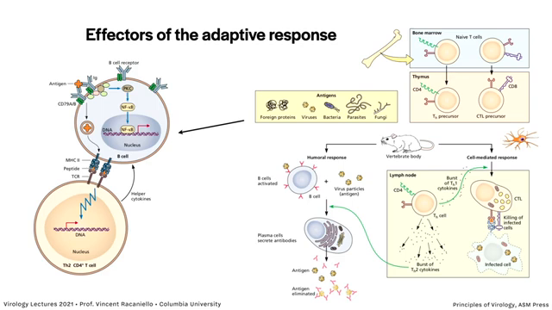All right, what are the effectors of the adaptive response? It's a little complicated slide, but let's walk through it. Lymphocytes, B and T cells, develop in fetal development. They're both derived, of course, from hematopoietic stem cells, as we said.